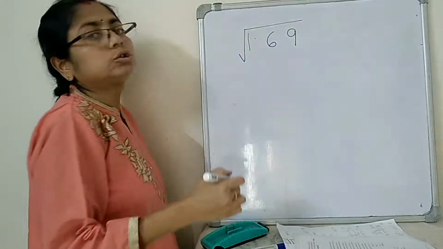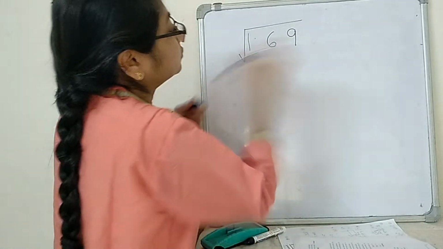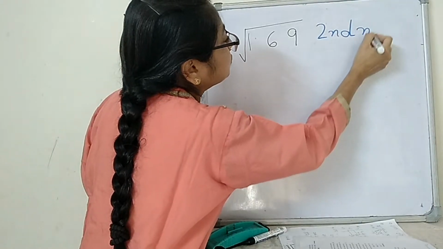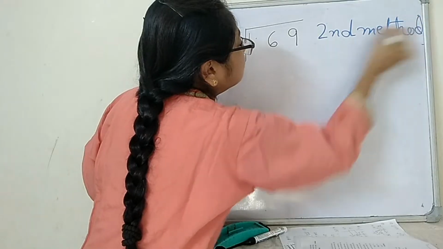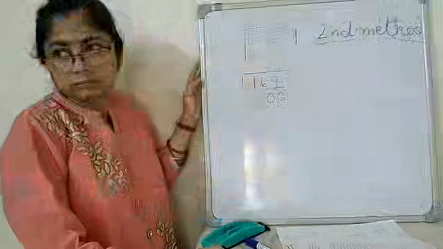The square root of 1.69. It is the second method. It is the second fraction, 169 by 100.